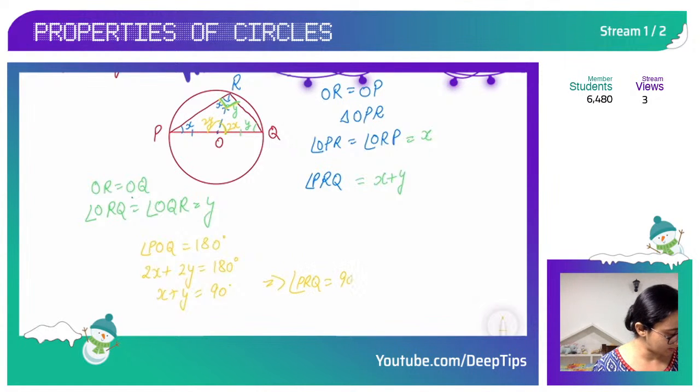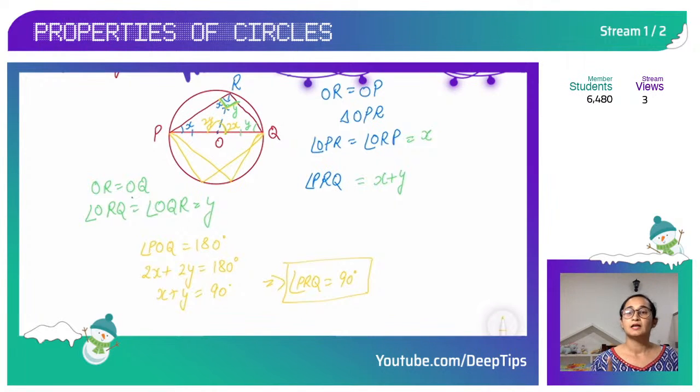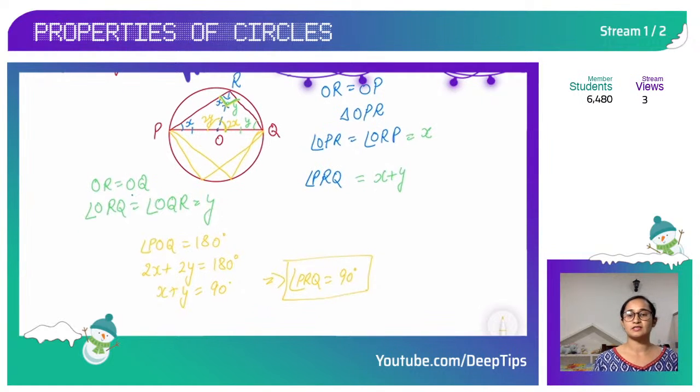So hence I can say angle in the semicircle is a right angle. If you draw one angle here or another angle here, all the angles are going to be right angles. So angle in the semicircle is a right angle.